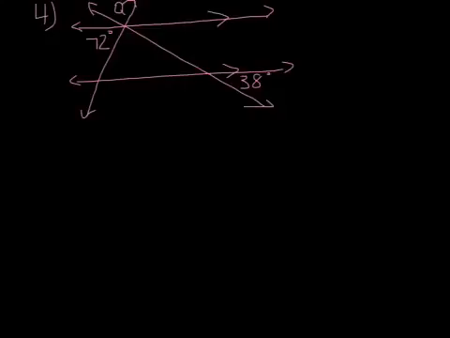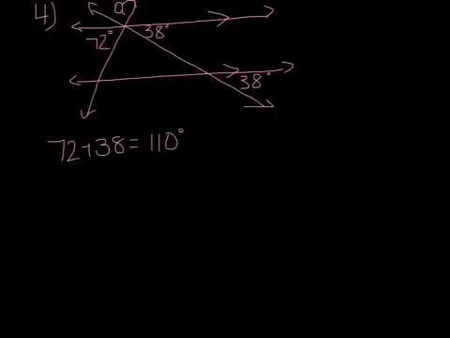So we just said that this angle right here is equal to 38 degrees. Now, knowing that I have this angle equal to 72, this one equal to 38, can I find this angle? Yes. How? You add those angles. Add 72 plus 38, which equals 110.